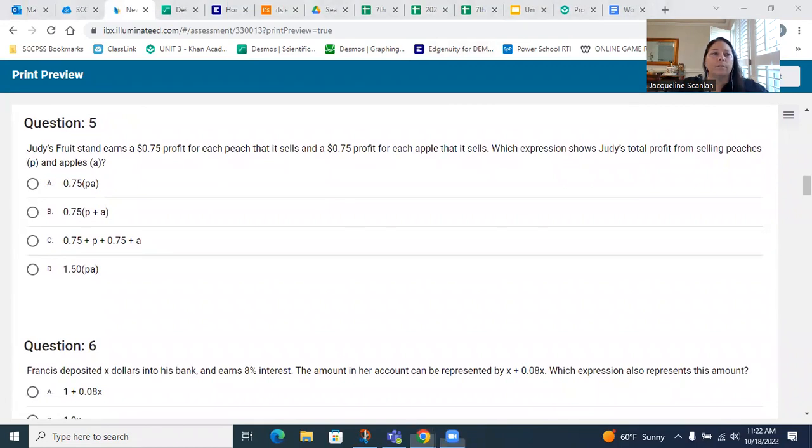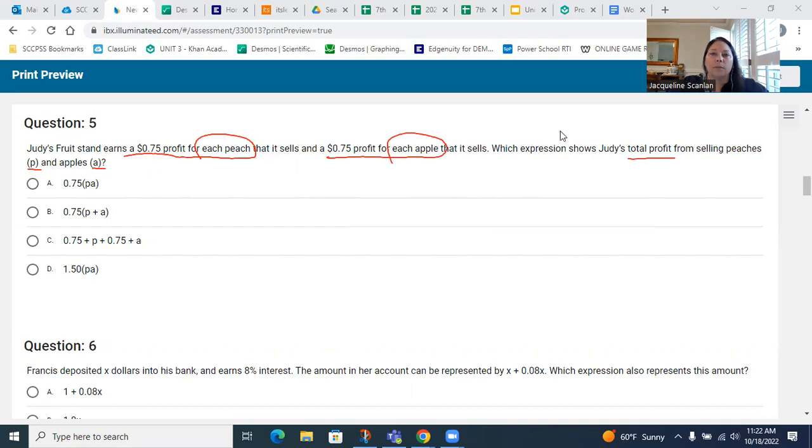Question number 5. Judy's fruit stand earns a 75-cent profit for each peach that it sells and a 75-cent profit for each apple that it sells. Which expression shows Judy's total profit from selling peaches, P, and apples, A?